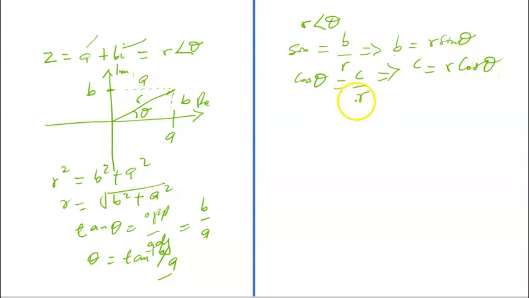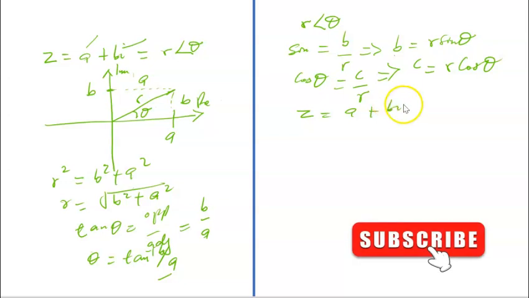Now if b is r sin theta and a is r cos theta, I know that my z is the same thing as a plus bi. Sorry, I said c, there's no c in the figure, it is a. In place of a, I can have z to be the same thing as r cos theta plus r sin theta i.